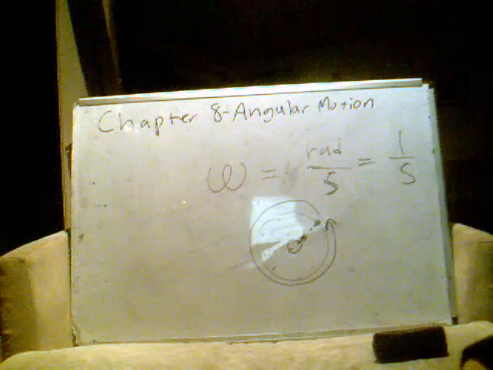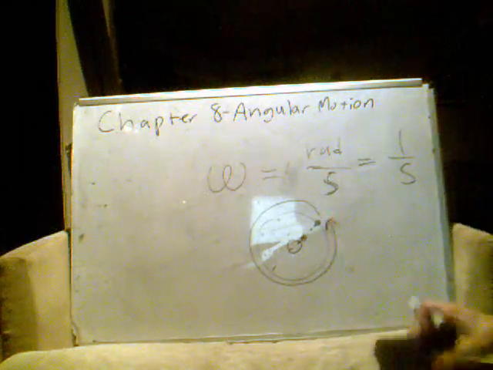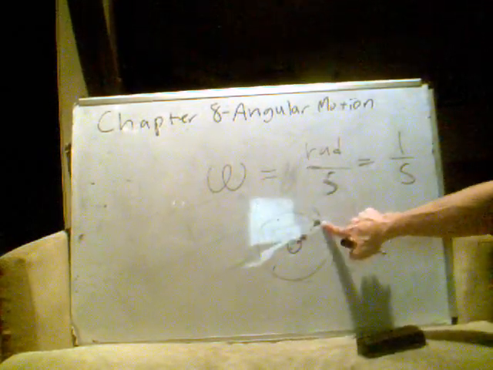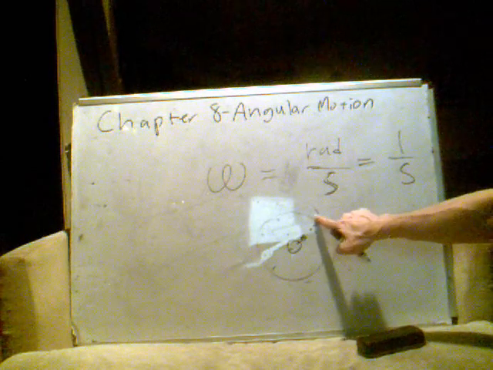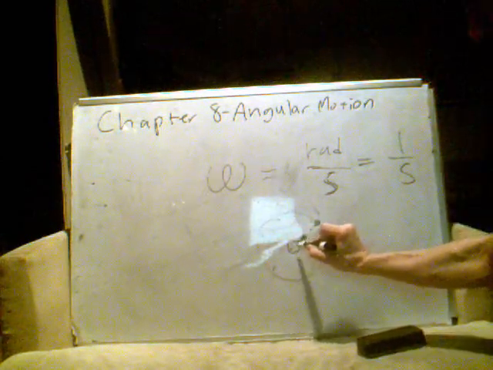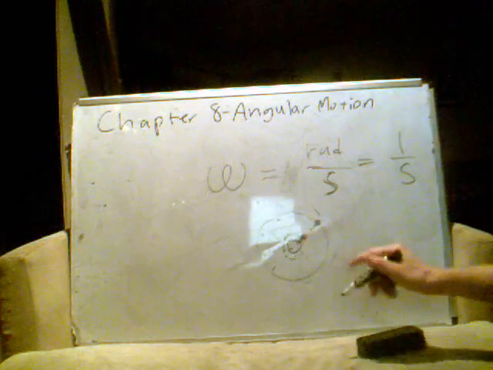However, if you wanted to talk about the actual distance that, say, this object travels, the one here at the edge, obviously it's going to go all the way around the Blu-ray, right? Whereas the one closer to the center here is only going to make this small circle.